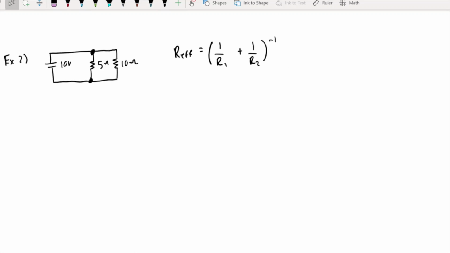Now, if you get a calculator and solve, you will get your R effective as 3.33 ohms. Now that we have that, we could redraw the circuit. Whenever you find your R effective, it's a good idea to redraw your circuit.